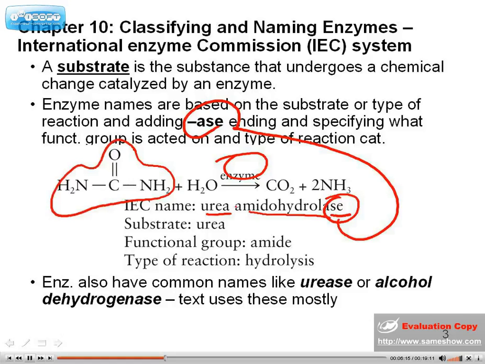The rest of the enzyme name, if the biochemist decided to, is usually based on its function. So it was used to break down this. Notice it's got two amides on here. It's used to break down the urea molecule, and its two amides with water, into carbon dioxide and ammonia. So it's a urea amido hydrolase.